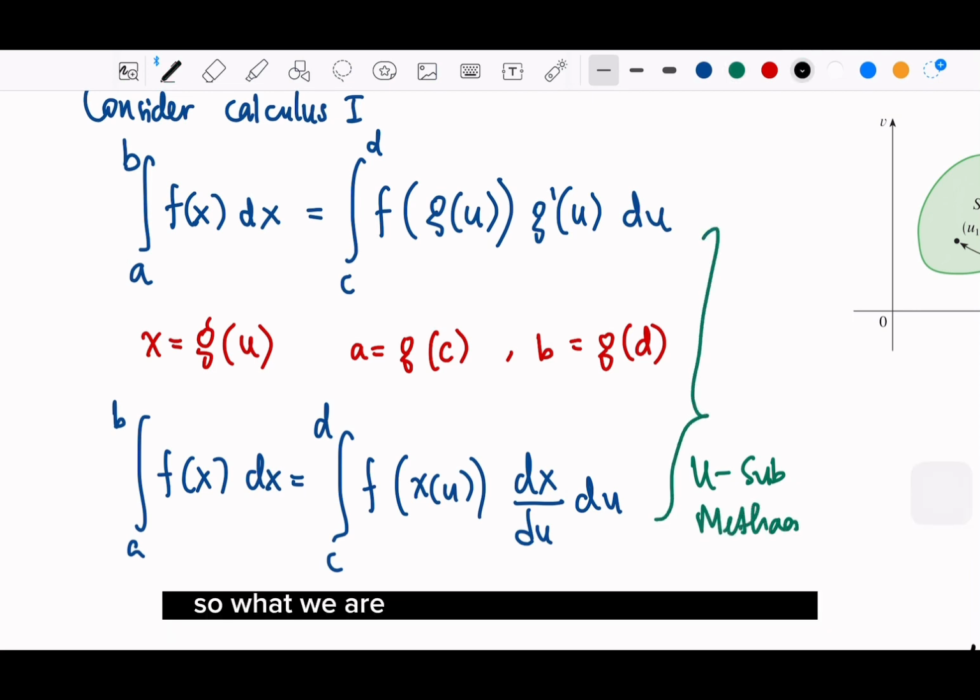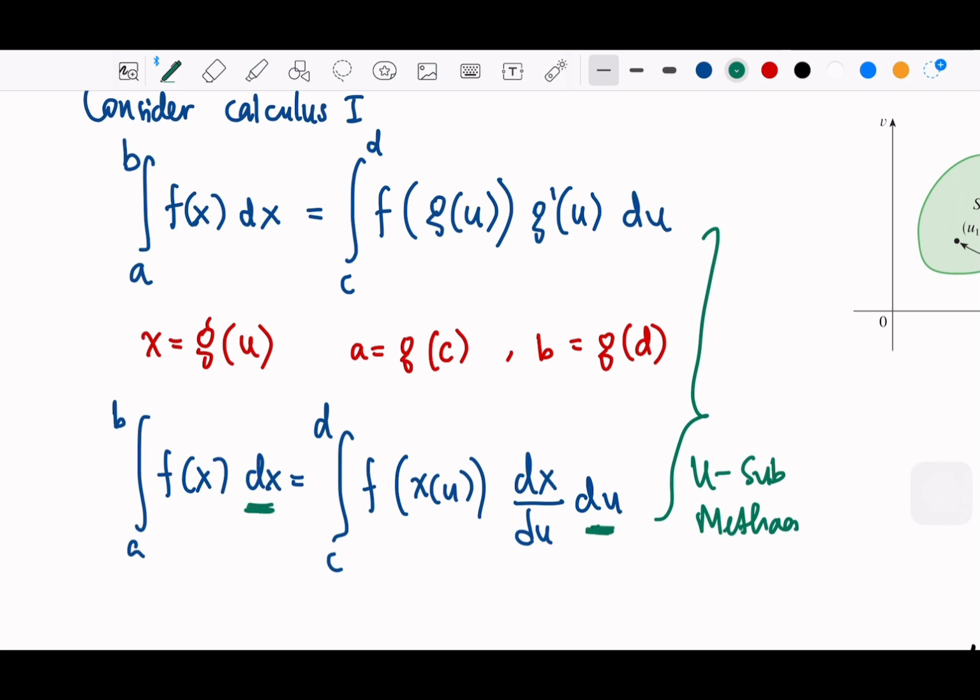So what we are observing in calculus 1 is that we substitute or exchange the variable. We exchange the variable from dx, when we integrate, to u, right?